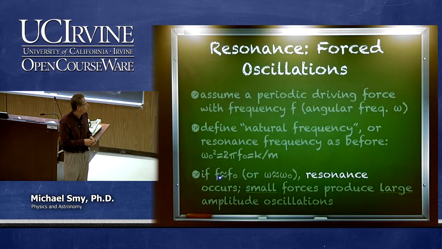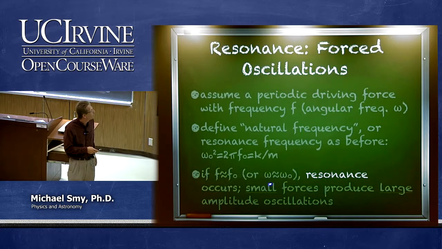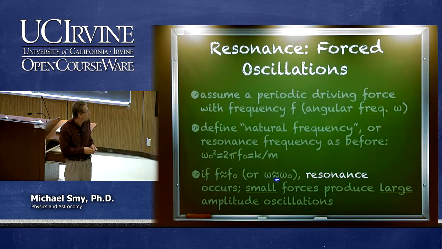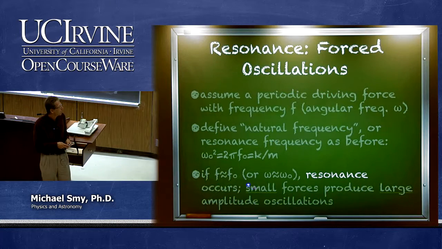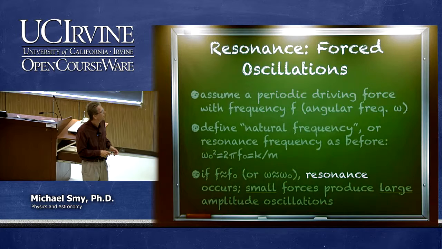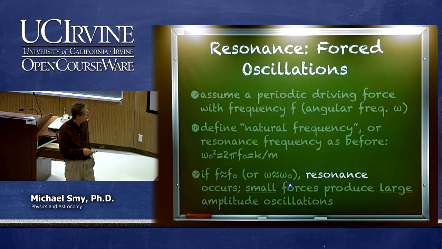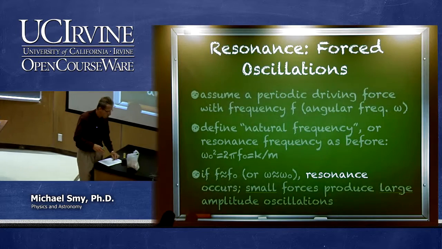And if f is approximately equal to f0, meaning that the frequency of the driving force is roughly equal to that, then that of course also means that omega equals omega 0, since both are just multiplied by 2 pi. Then resonance occurs, and small forces can produce large amplitude oscillations.